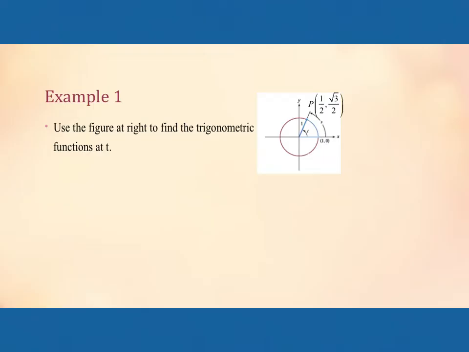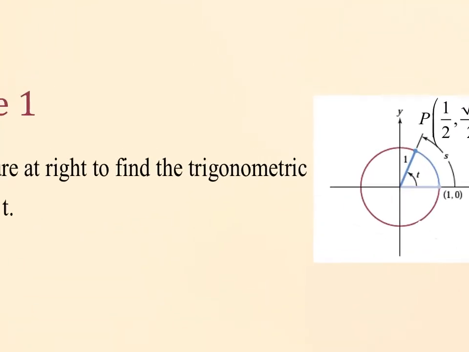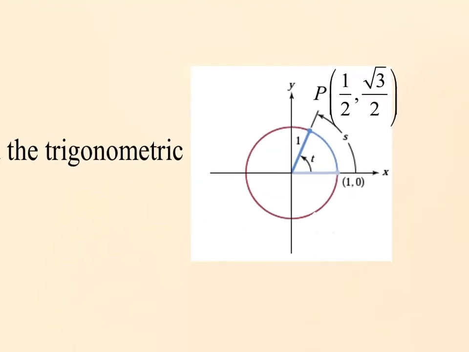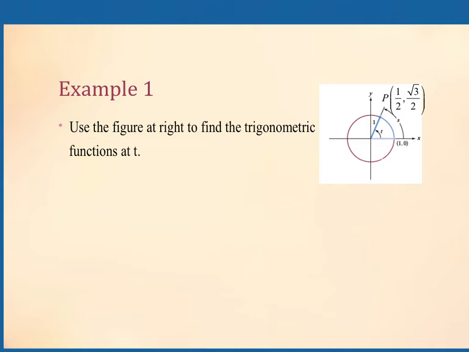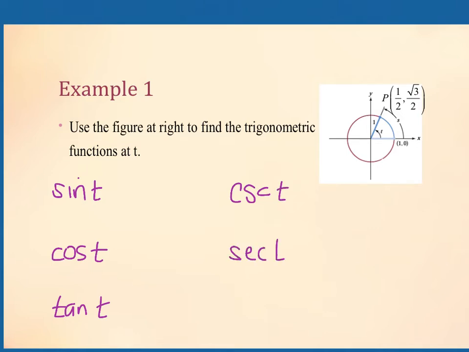All right, so if I gave you this point, we're going to baby step our way into it. Use the figure at the right to find the trig functions at t. So if I gave you this point, which was 1/2 and root 3 over 2, you want to be able to find the sine of t, the cosine of t, the tangent of t, the cosecant of t, the secant of t, and the cotangent of t.